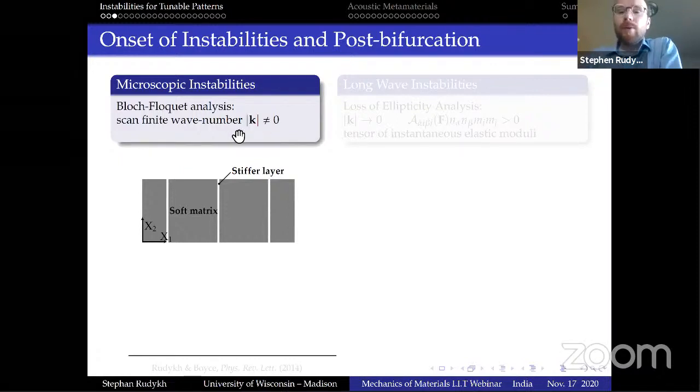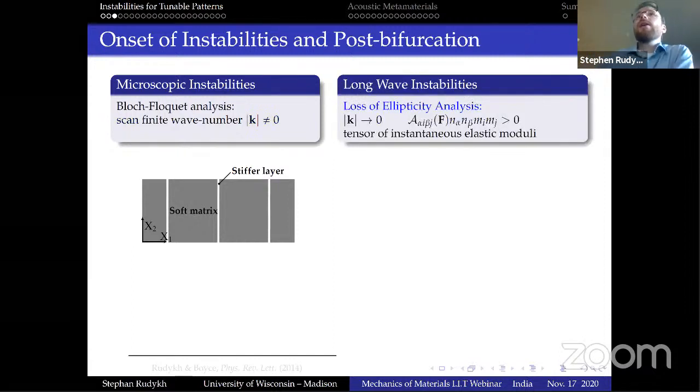There is, however, a very important case when K, the wave number that we scan when we try to detect instability, goes to the limit of a very small number. That corresponds to the situation when we can use loss of ellipticity analysis, which can actually be performed in many cases analytically.